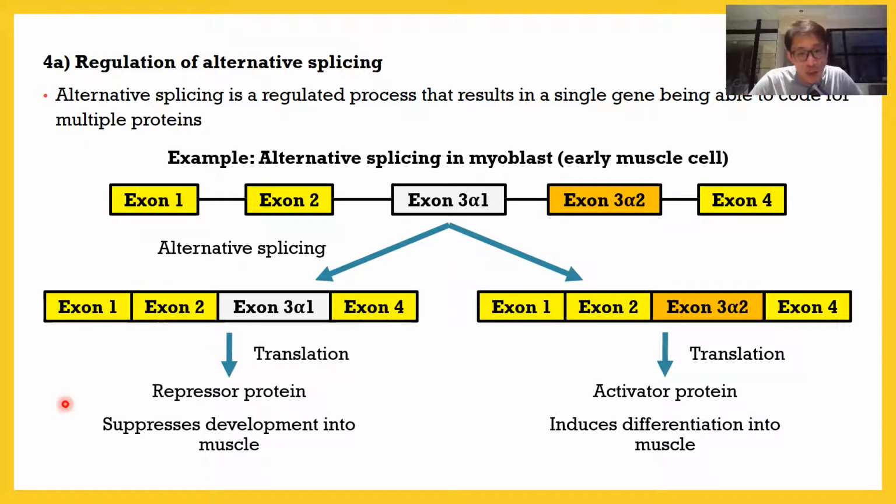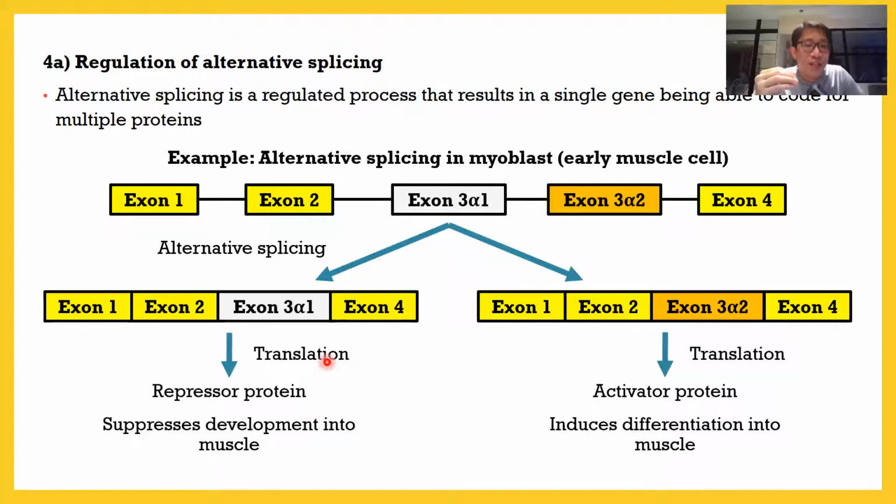But after it has received the signal to continue differentiation, it will switch the splicing method to give rise to the second mature mRNA on the right that would be translated into an activator protein to induce differentiation. So which way the pre-mRNA is spliced is actually regulated. It is not random. The cell wouldn't make both mature mRNA and then produce a repressor protein and also an activator protein which cancel each other. That would be a waste of resources.